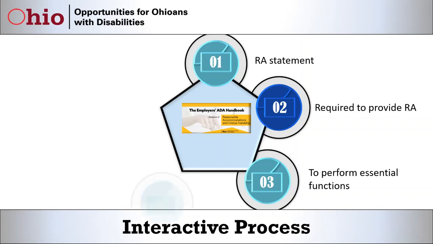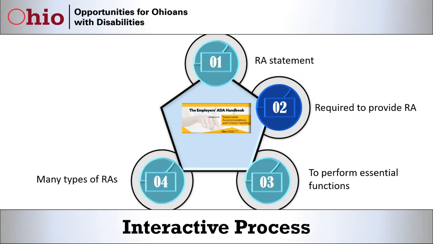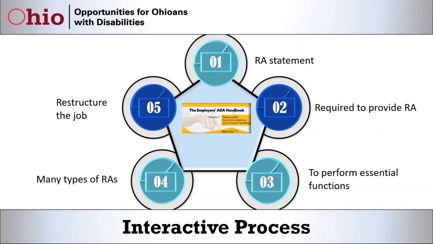The guidance from the EEOC provides many types of reasonable accommodations to help illustrate the many ways work tasks can be performed in another way. These include making the work environment accessible, restructuring the job, permitting a flexible schedule, altering or providing equipment or services, modifying policies, and providing reassignment.